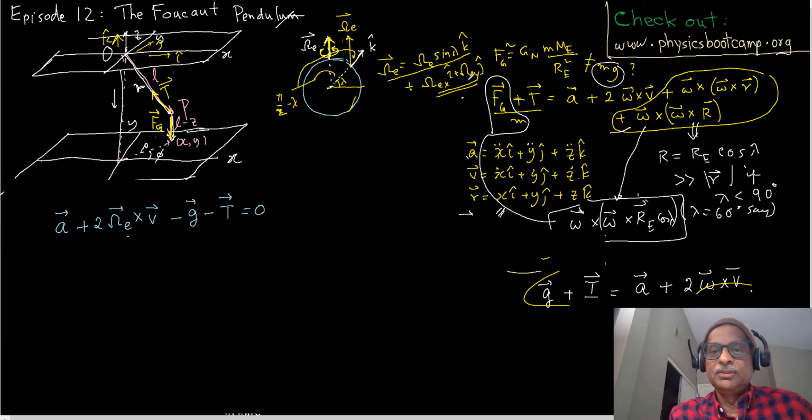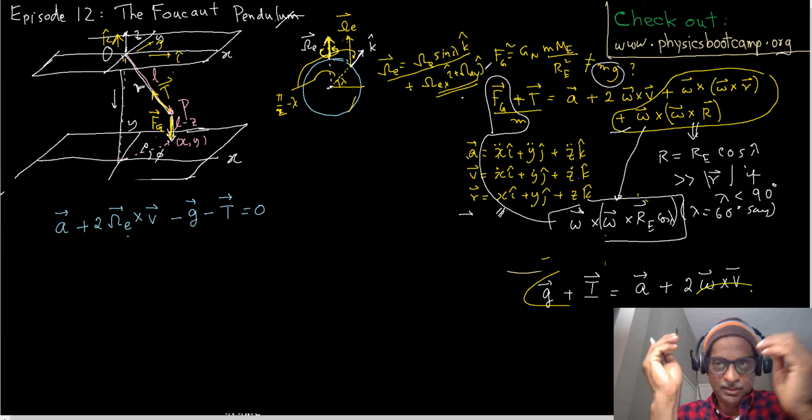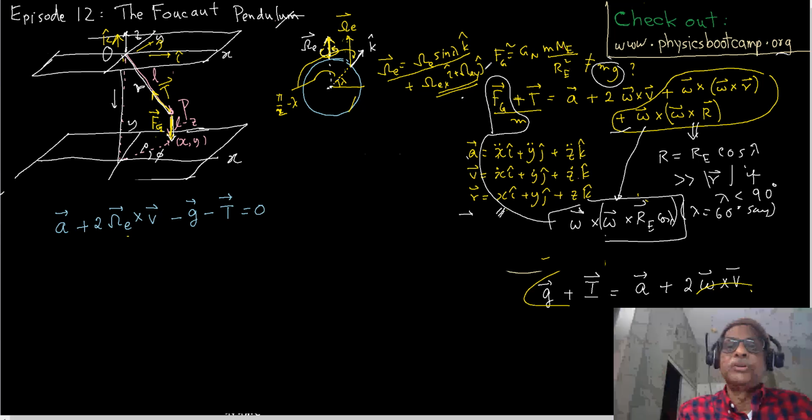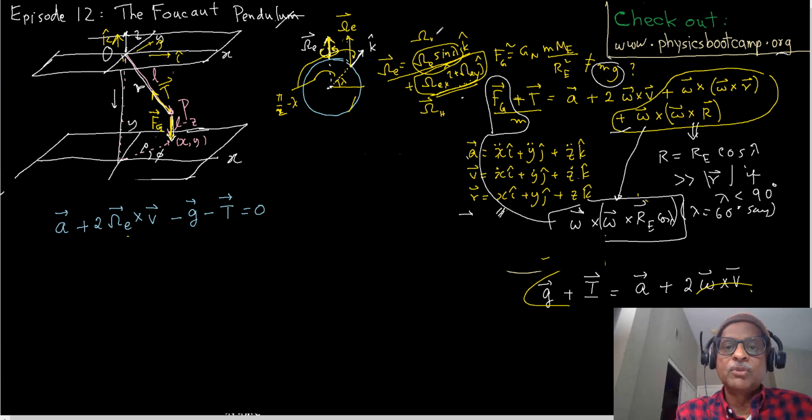This will depend on the i hat and j hat directions, which actually are changing in space, right? But their sum should be the whole thing. You can write down omega horizontal, and this is the omega vertical, and you can write down this whole thing as a vector.